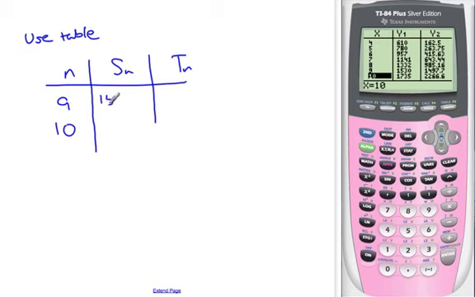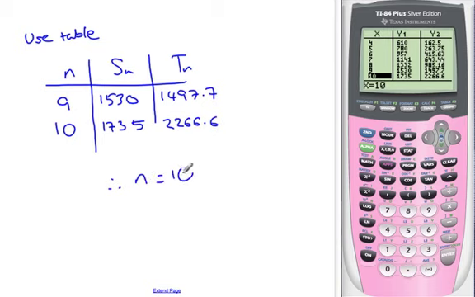I've got 15301497.7, and I've got 17352266.6. Okay, therefore when n equals 10.